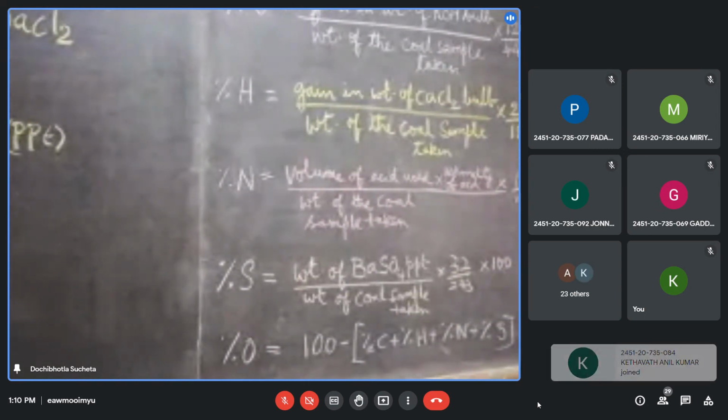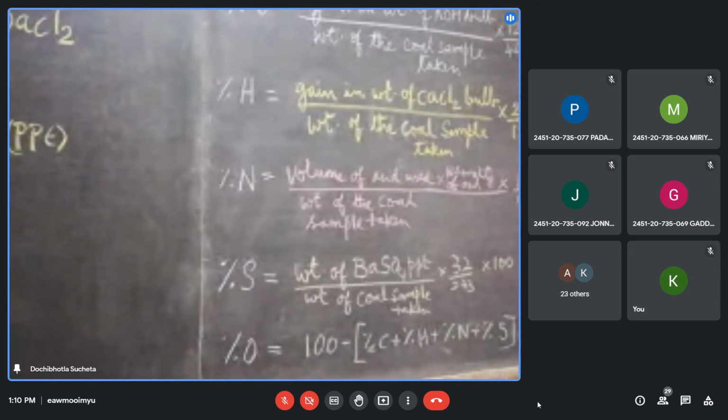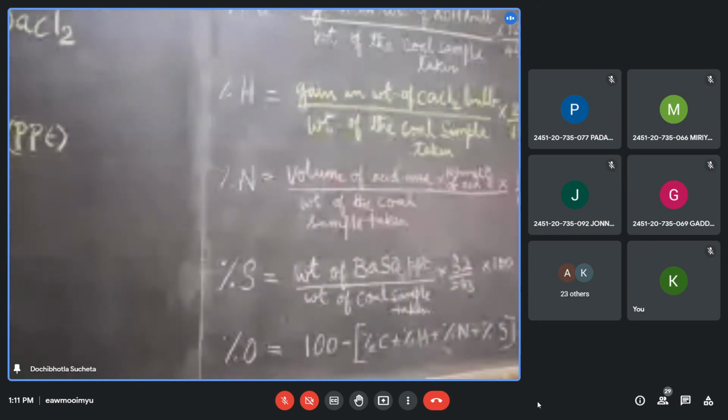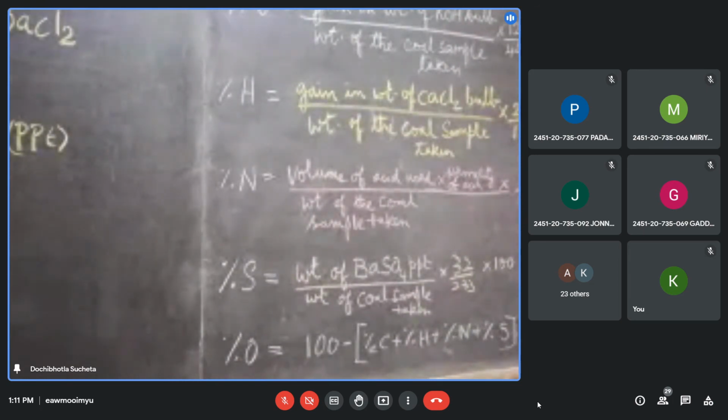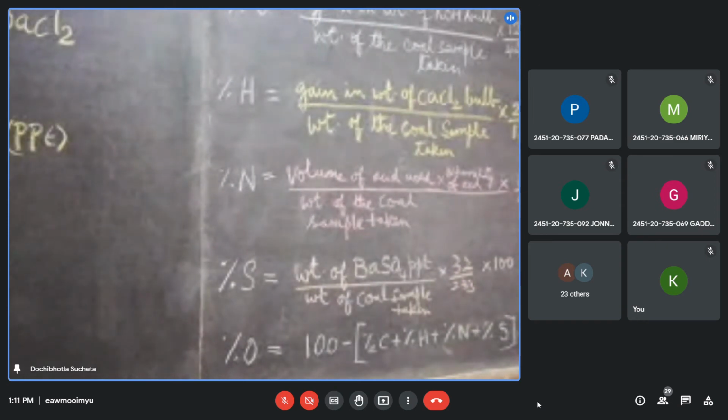Nitrogen is neutral and does not increase or decrease the calorific value. And the next one is sulfur. Sulfur supports combustion and calorific value, but its presence in the fuel is not favorable. Why?